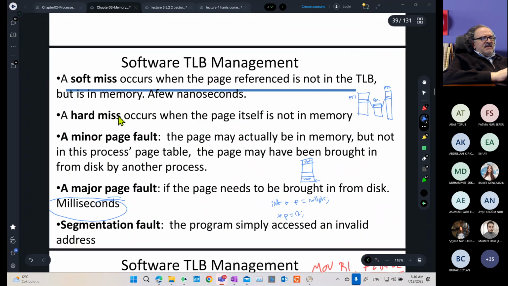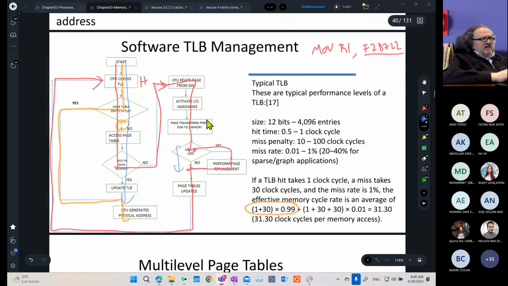That's the hardest miss that you are going to have. I like this orange path. It's good. It is in the TLB and I got it. Next, I like this blue one. It's a soft miss.